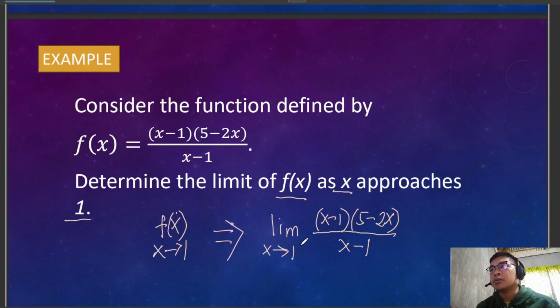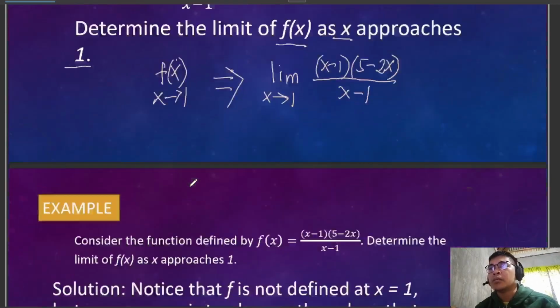Okay, so we need to determine the limit. So what is the limit? What is the value as we approach closer and closer to 1? So that is now our target.